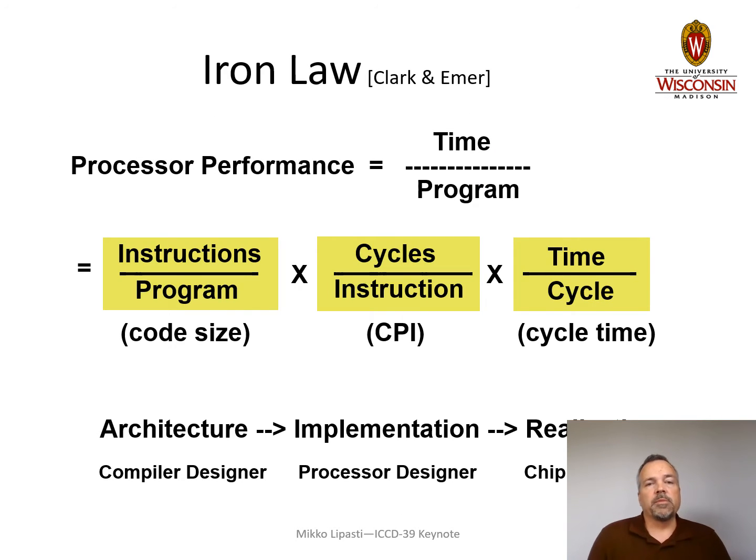Since the design of the MIPS R2000 processor, architects have been trying to improve the performance of CPUs by trying to reduce the amount of time it takes to execute a program.